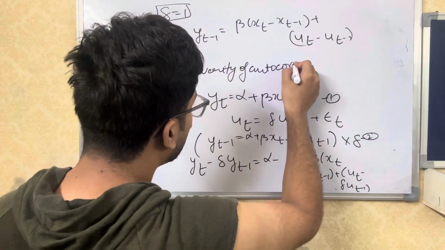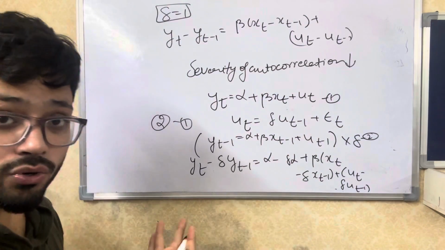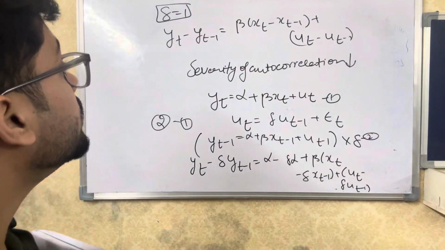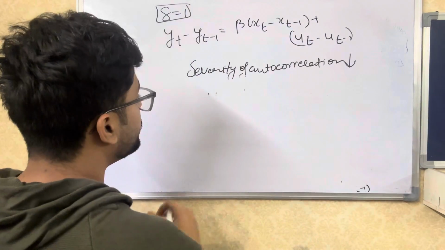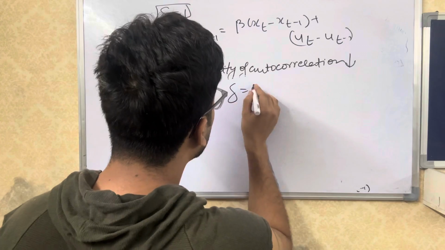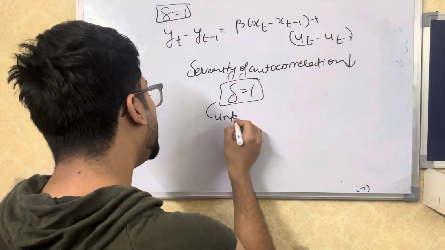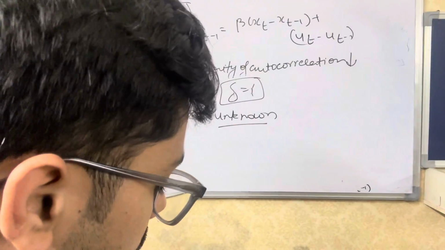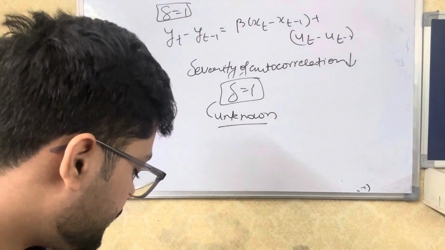Severity of autocorrelation has drastically reduced due to this differencing. But the only problem with this is you are putting rho equal to 1. And when the rho is unknown, then what you will do? That is the problem. जब आपको rho की वैल्यू पता ही नहीं है, तो आप कैसे पुट करोगे इसमें?